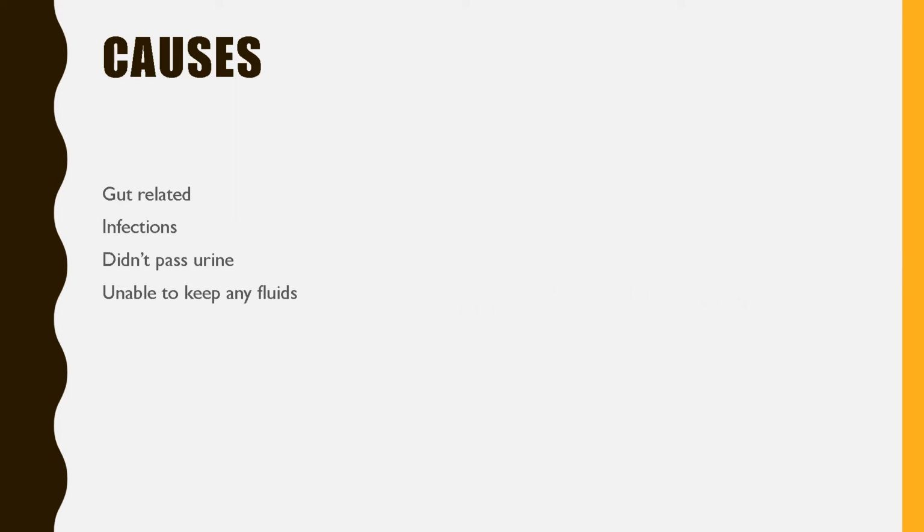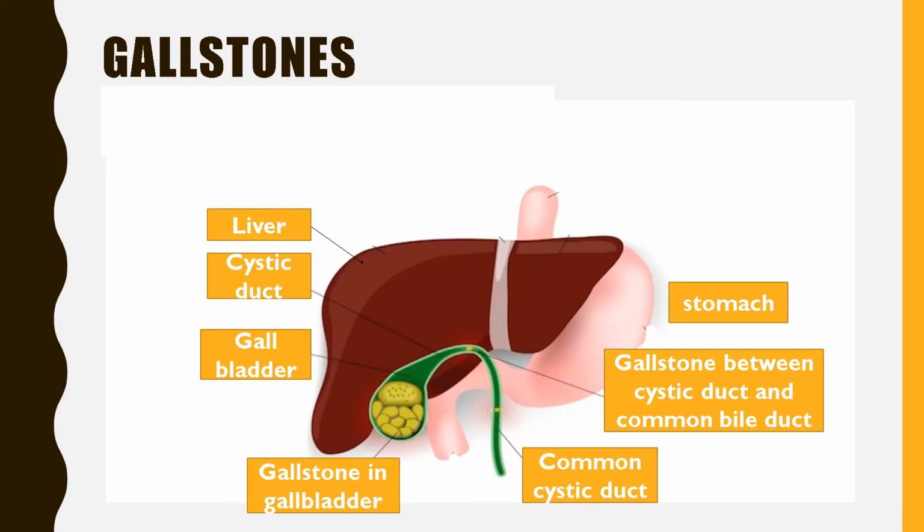When it comes to abdominal pain, as you know, in the abdomen you have the stomach and liver. The first case is gallstones. There could be right-sided upper abdominal pain accompanied by nausea and vomiting.